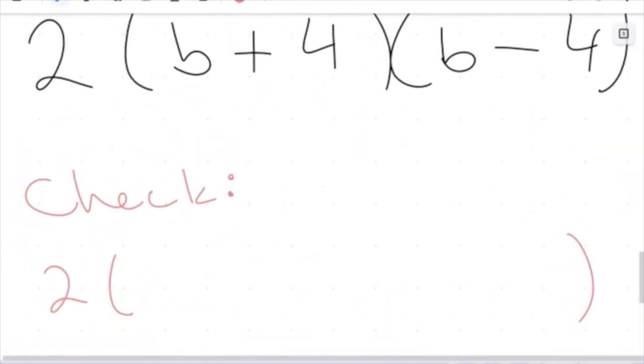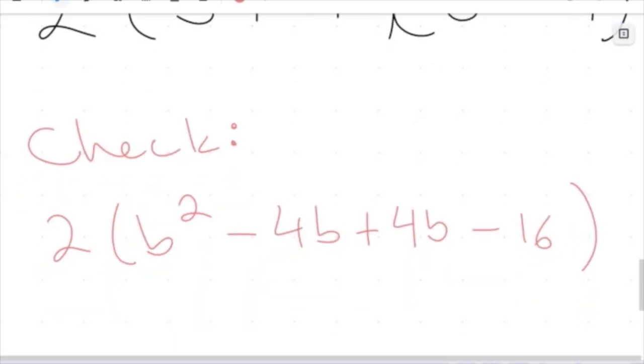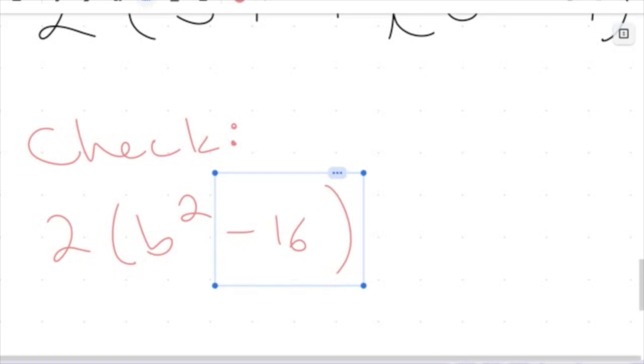So b times b gives me b squared. B times minus 4 gives me minus 4b. 4 times b gives me positive 4b. And 4 times negative 4 gives me negative 16. Okay, cool. These two are going to cancel out, my negative 4b and positive 4b. So I'm going to rub these out, and I'm going to bring this along here.